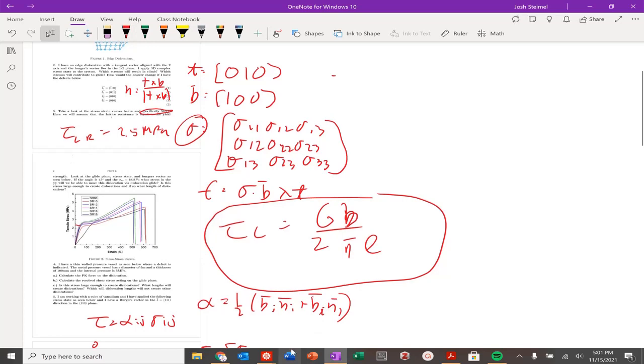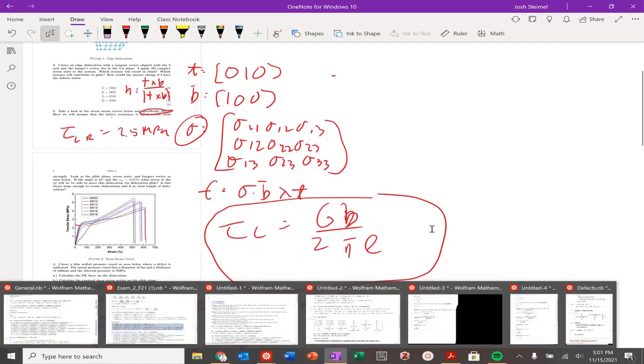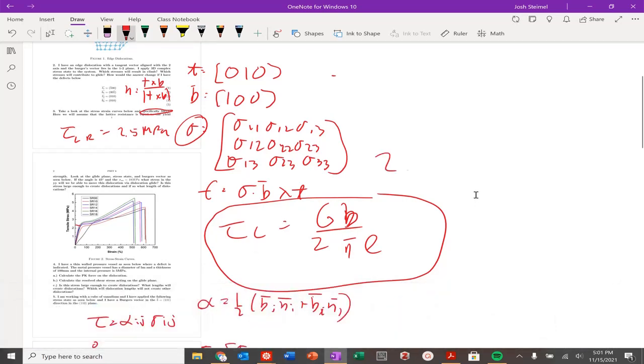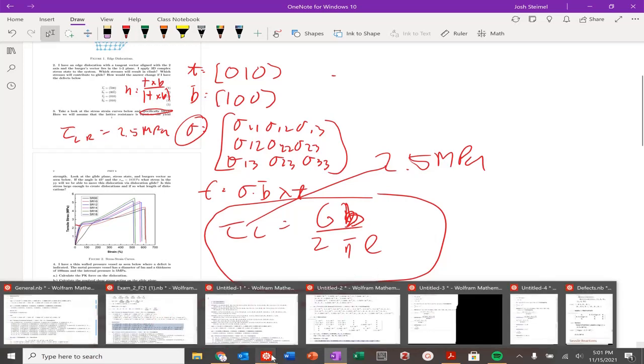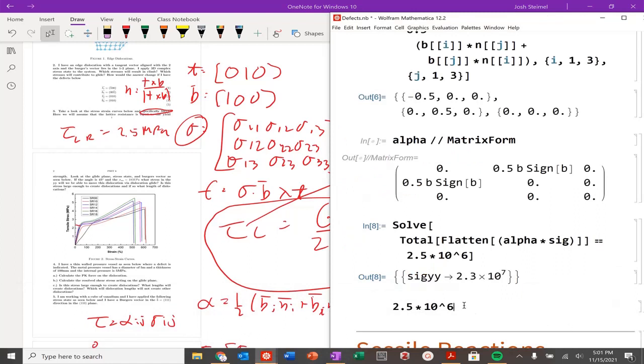Depending on what this material is, I know that my tau c is equal to 2.5 MPa. So that's equal to my tau c. So depending on my G, my Burgers vector, and my L, I can now find relationships for what size of dislocations I could actually nucleate. So actually I could solve that.